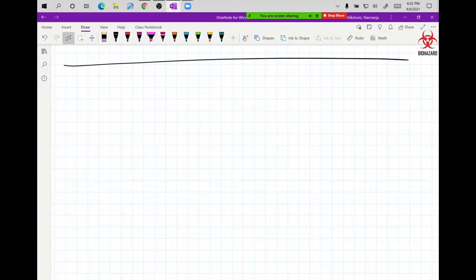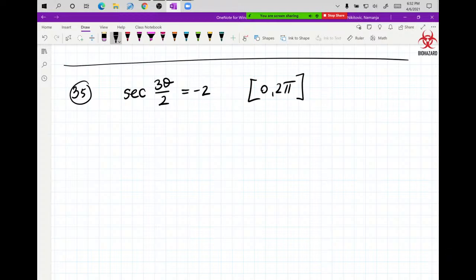We didn't do any secant problems, so here's 35. Secant of 3 theta over 2 is equal to negative 2. And we're still on 0 to 2 pi. Do we have problems that are not on 0 to 2 pi?